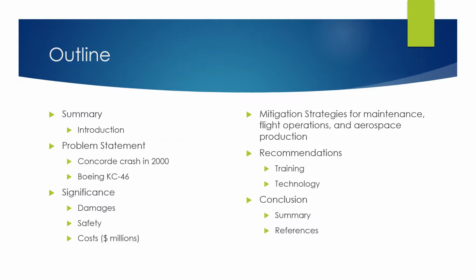Then we'll be moving into the mitigation strategies, some things that are currently being done for FOD prevention methods. Then I have some recommendations to make for the industry and FOD prevention techniques. And then we have the conclusion with a summary and references.